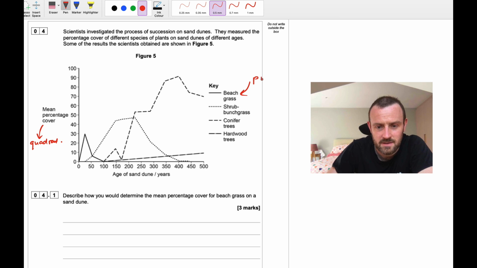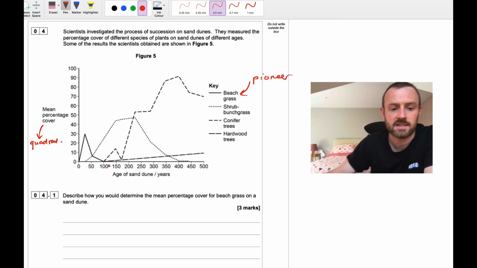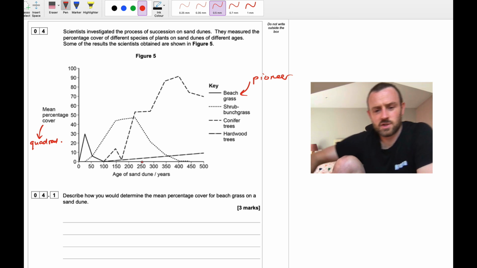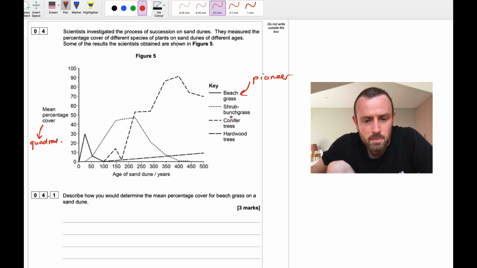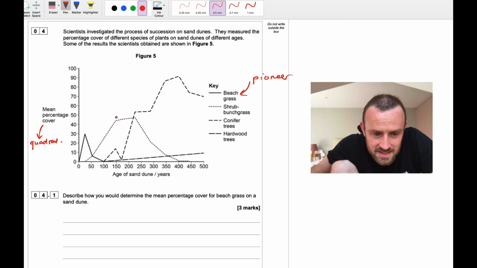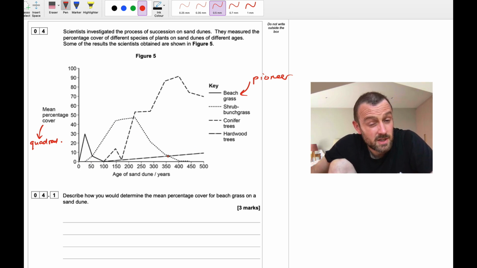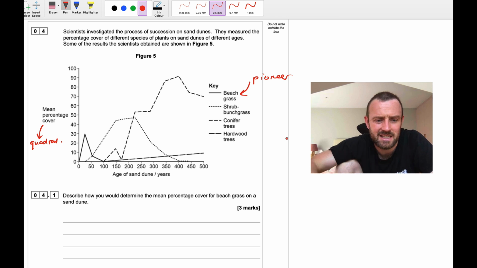I'm thinking that this is some sort of pioneer species because it's in the early phase. Then we've got shrub bunch grass, which comes in second. That's a transitional type thing. Then we're getting conifer trees, and then hardwood trees are the latest thing to arrive.